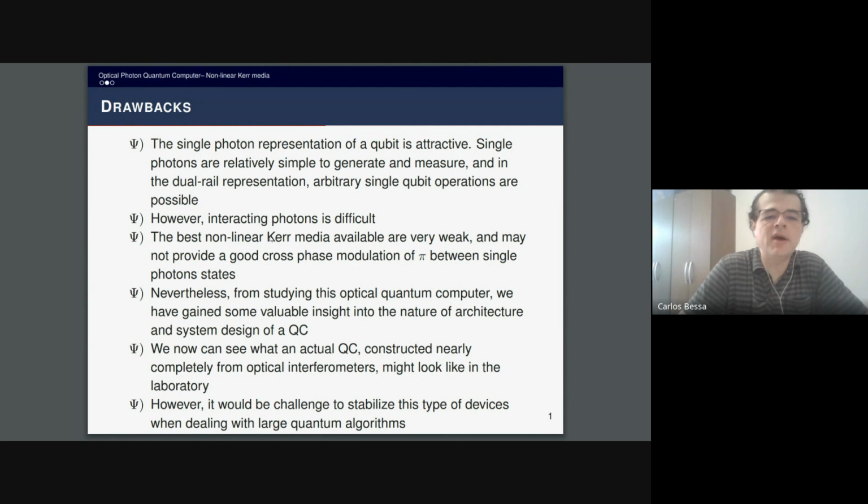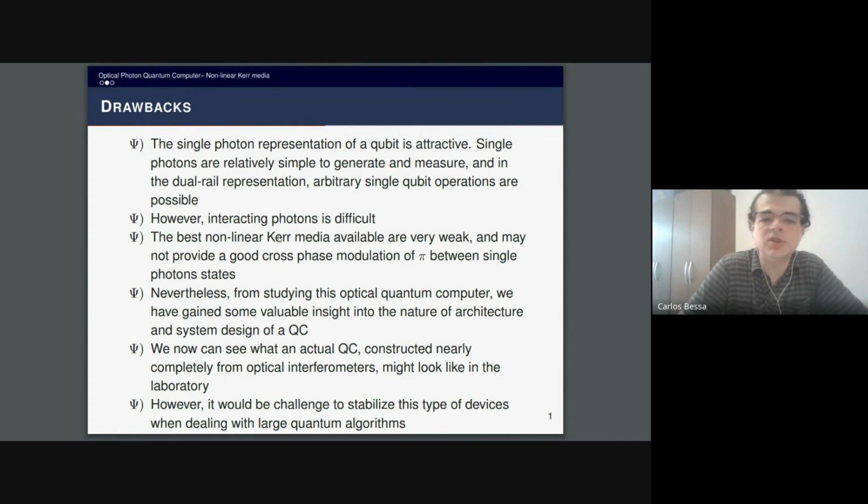And the best Kerr media available in general are very weak. Remember that when we talk about Kerr medium, we consider centrally symmetric materials, where the highest susceptibility factor is the chi to the 3.